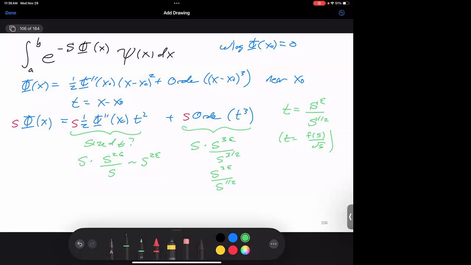So when would that be insignificant? For 3 epsilon less than a half. Yeah, so if 3 epsilon is less than 1 half, it's going to be small. So epsilon less than 1/6. So if I don't go further than s to the 1/6 over s to the 1 half, then this extra term here is essentially going to be 0 in the exponential. It's not going to really contribute.